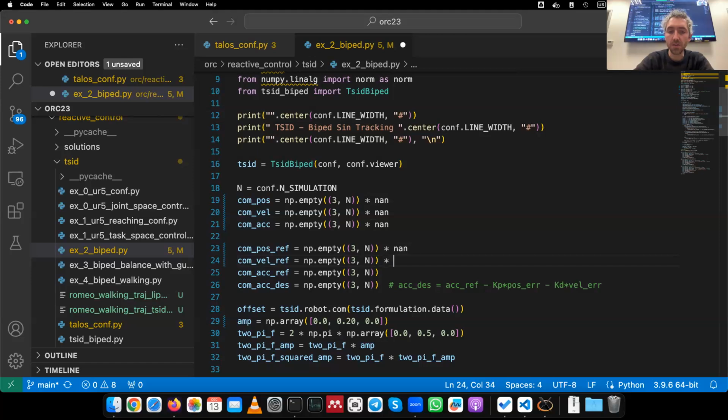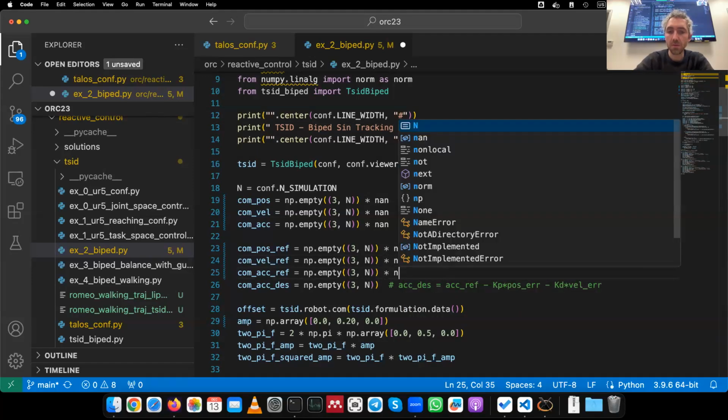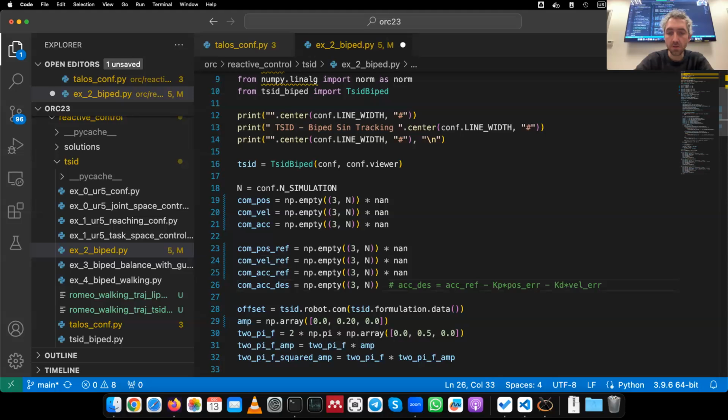because I'm creating all these matrices with the empty method. So empty gives you memory without initializing it. So inside that memory, you could have whatever junk there was there before. So it's a good practice instead to pre-multiply everything times not a number, because when you plot not a numbers, they don't show up in the plot.